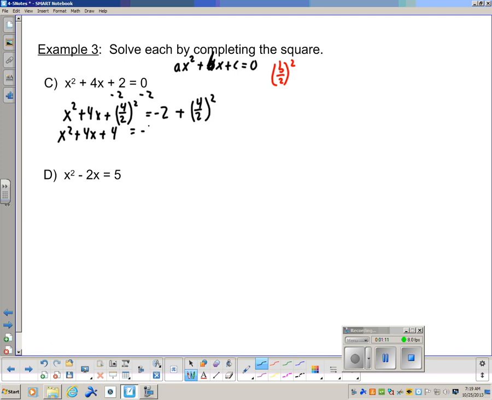So let me write that step out. Now I want to factor the left-hand side, and then go ahead and clean up the right-hand side. I'll write the steps out here. Get c on the right side.